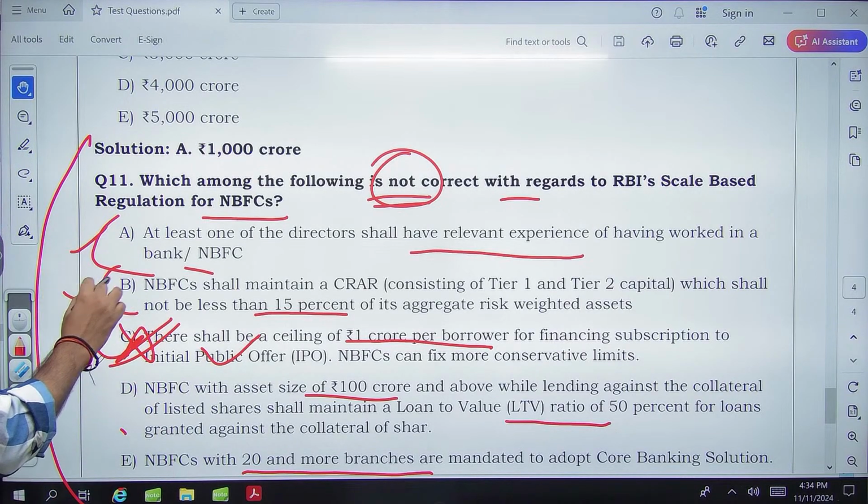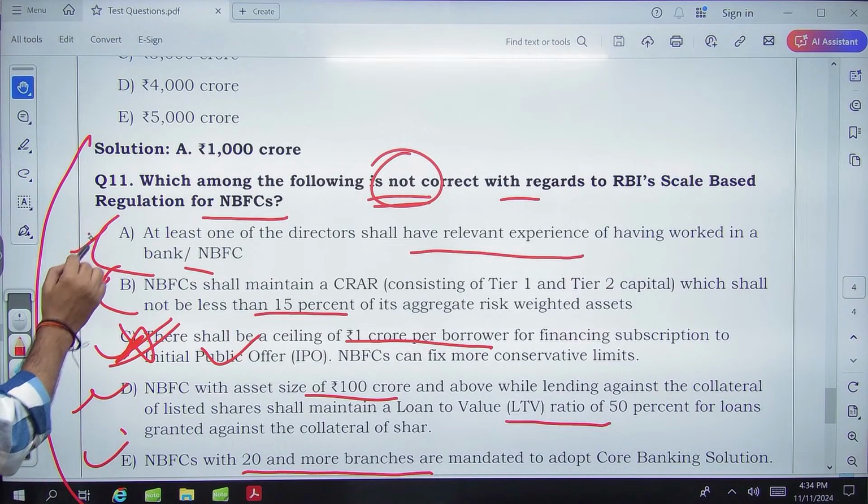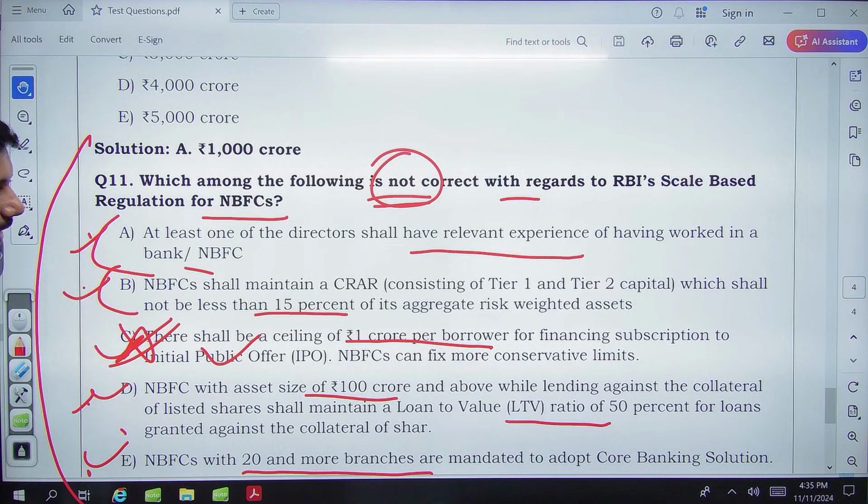Now you need to identify among these 4 options what do you think is the incorrect answer or incorrect statement. Try and do this question. Last question for today.